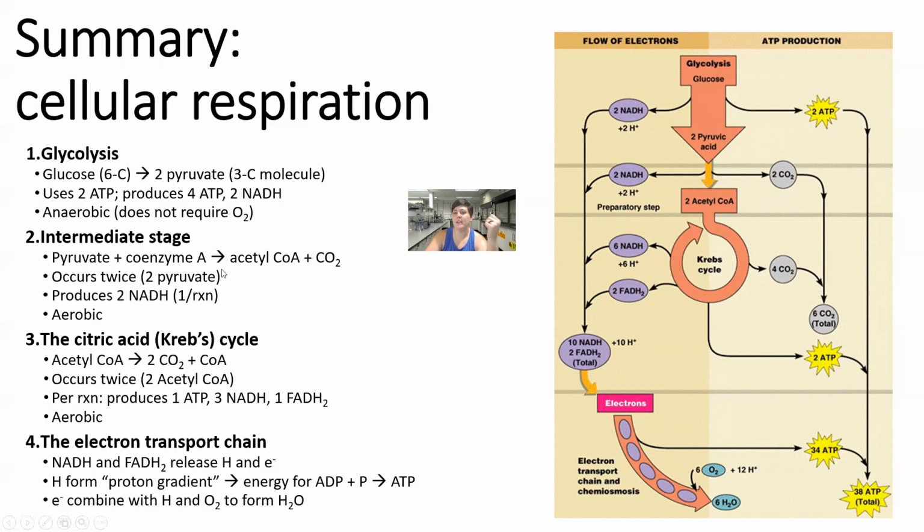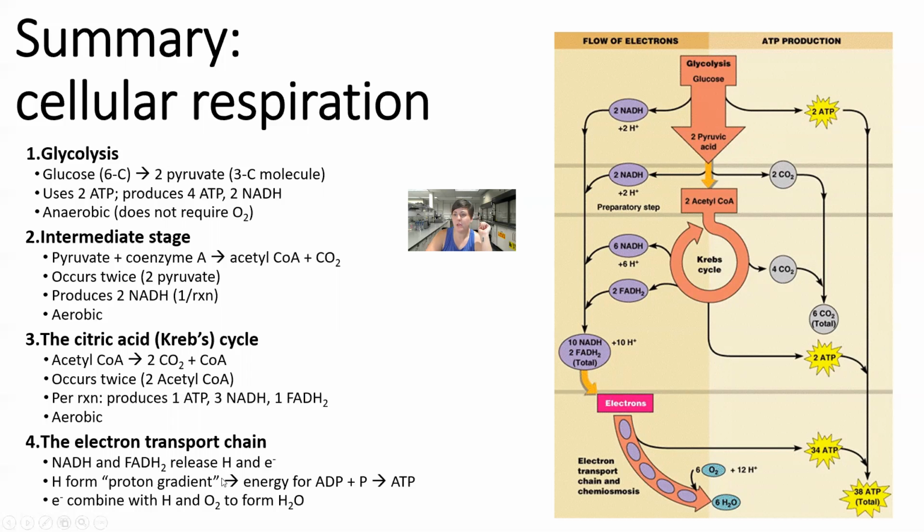Then what we need is something to utilize all of those electrons that were released via oxidation of glucose in the first 3 steps, glycolysis, intermediate, and the citric acid or Krebs cycle. And we use those electrons in the electron transport chain. This is when you have those NADH and FADH2 release the electrons, and those electrons are used to fuel pumps that pump hydrogen across a membrane in the mitochondria in the case of eukaryotes.